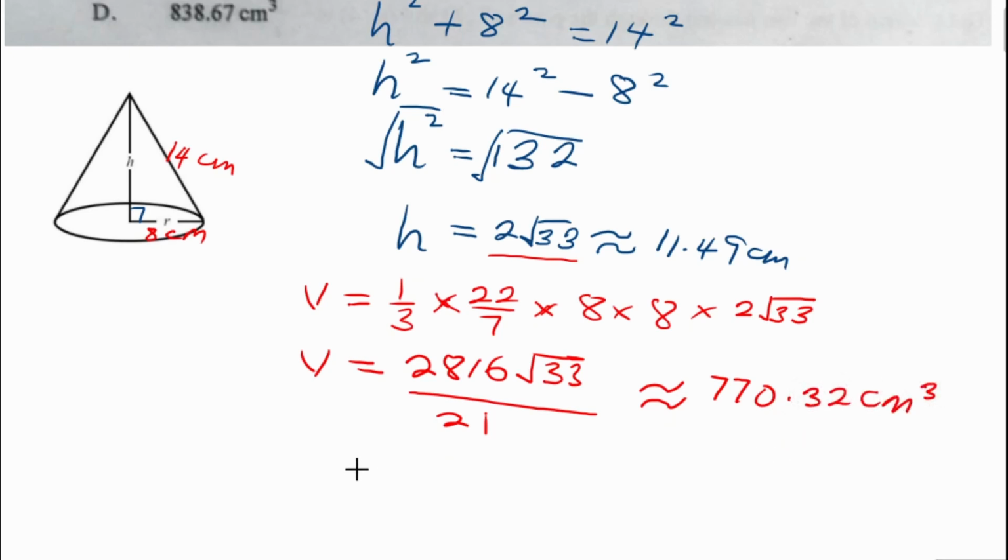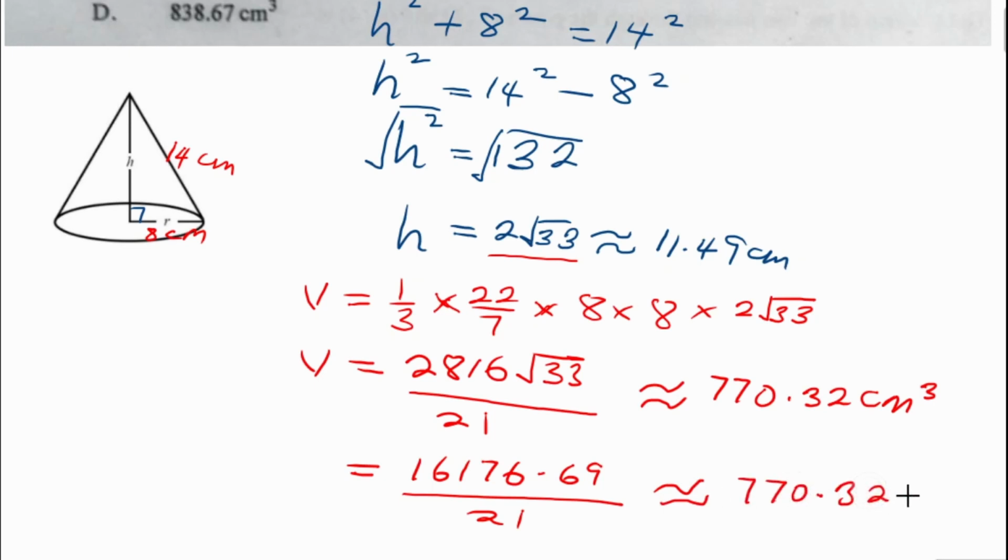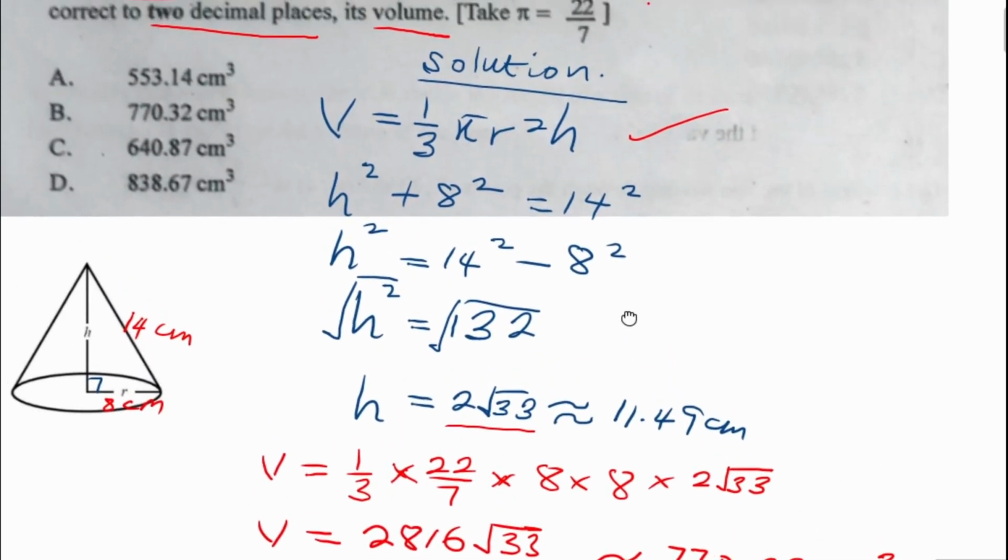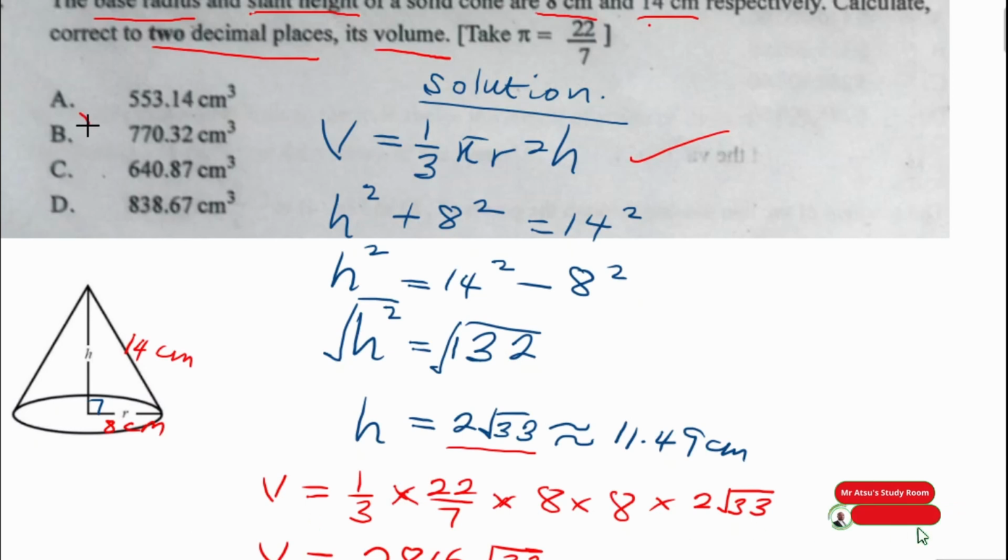Or those who would like to work out with decimal, you're going to get 16176.69 divided by 21, which is the same number, approximately 770.32 cm cube. And looking through the options, the correct answer is going to be option B.